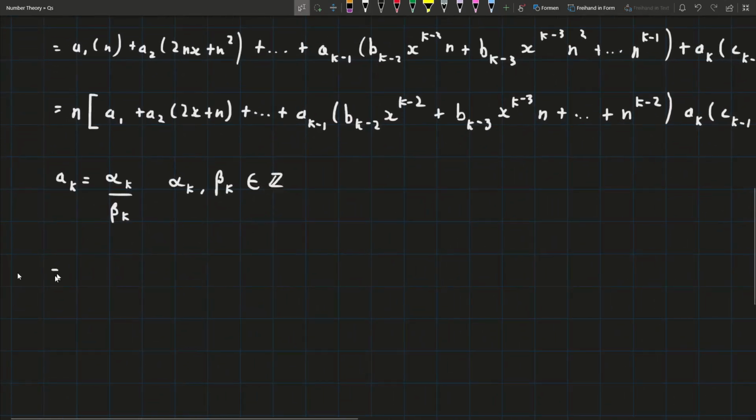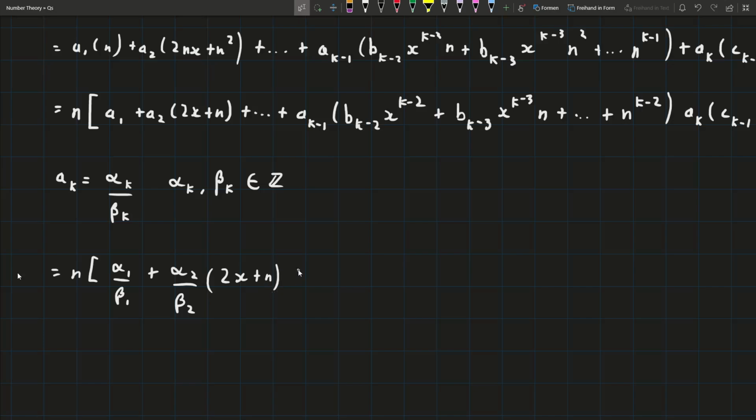So we'll have equals n. Now instead of a1, I'm going to write alpha 1 over beta 1 plus alpha 2 over beta 2. These are still rational numbers. I'm just writing them as fractions to show what I'm going to do more clearly.